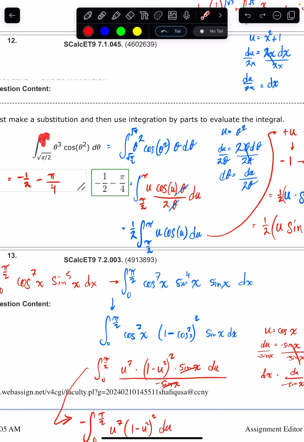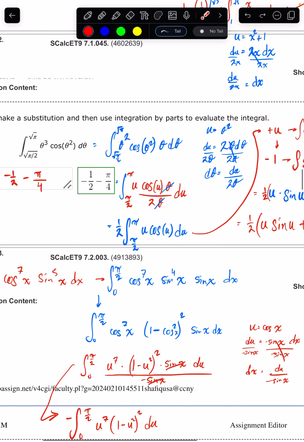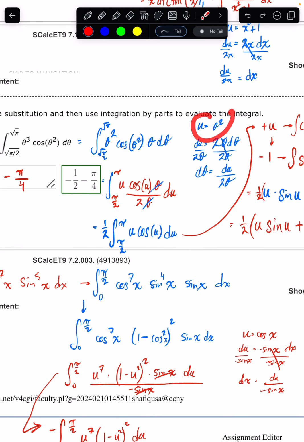Yeah, so our original integration was telling us to find from square root of pi over 2 to square root of pi, right? So when we substitute in for u, it's theta squared, right?